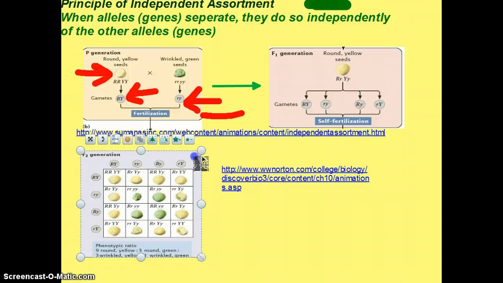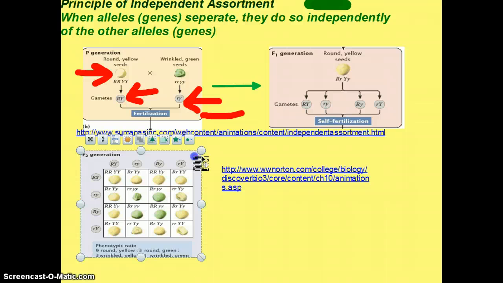You can have a capital, capital, you can have little, little, or you can have capital, little. It doesn't matter. There's no order that says because you're dominant, you must travel with the dominant. Because you're recessive, you must travel with the recessive.